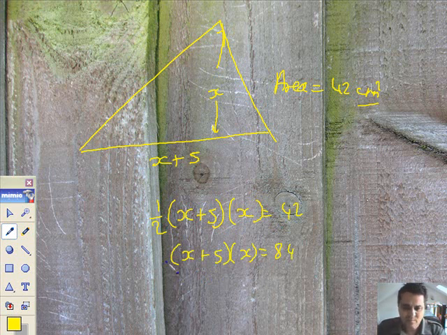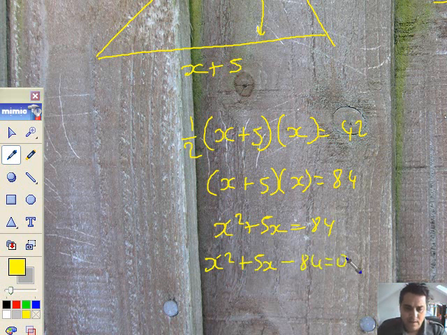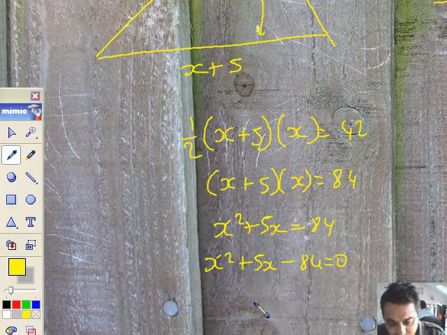Alright, looking a bit nicer, isn't it? So multiply this out a little bit. X squared plus 5x is 84. Bring my 84 next door and subtract. That equals 0.